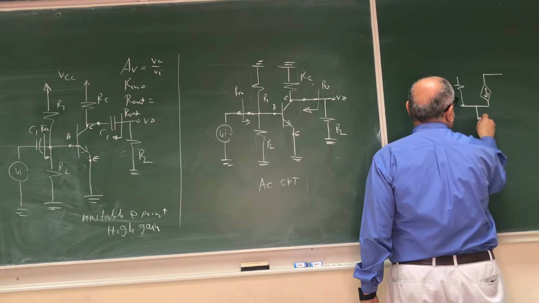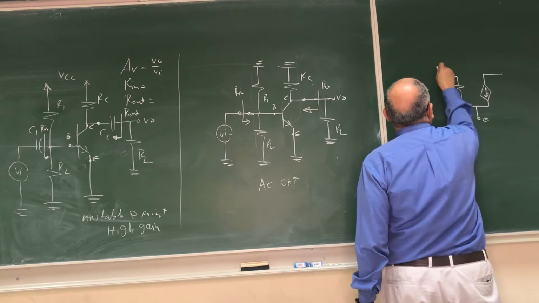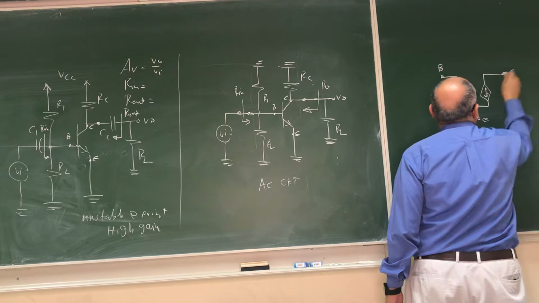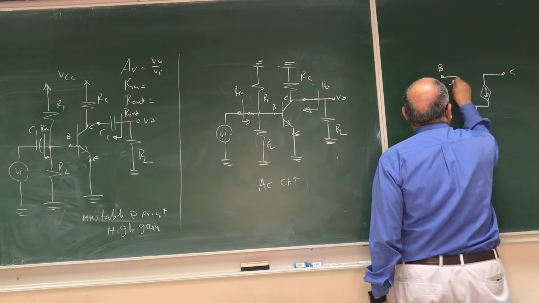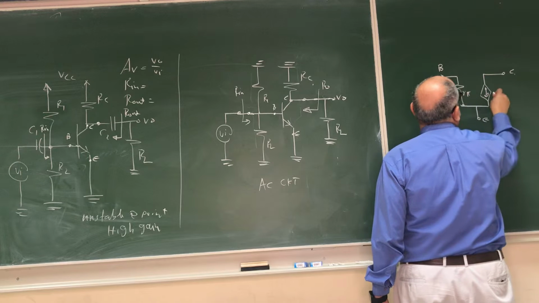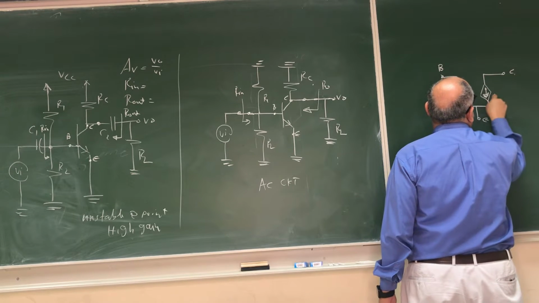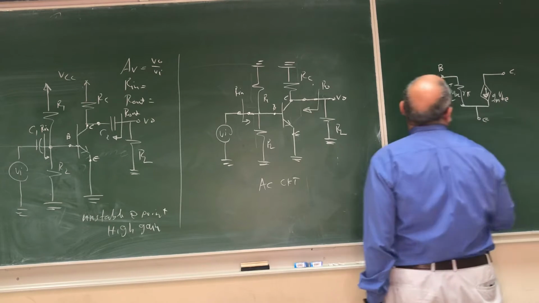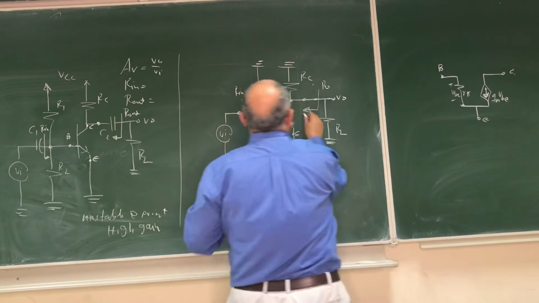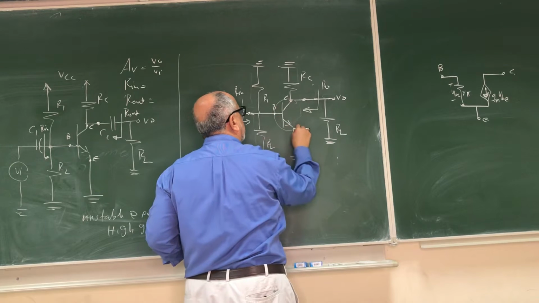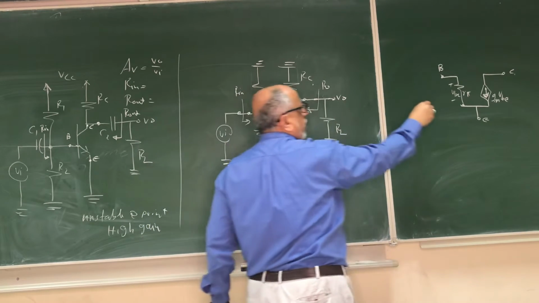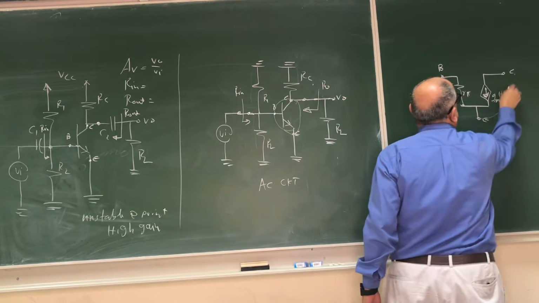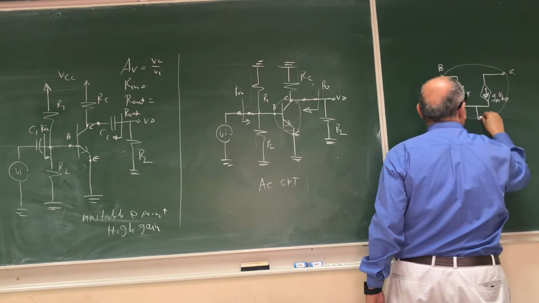So this is the emitter here, this is the base, and this is the collector. This is called r pi, the volt here is VBE, and this we can call it gm VBE or beta IB or whatever you would say, right? And now we have only the transistor. So this is the transistor, and we replace it with this. So we can just make a circle here. So this is my transistor.